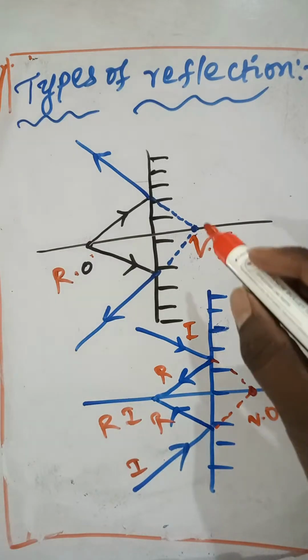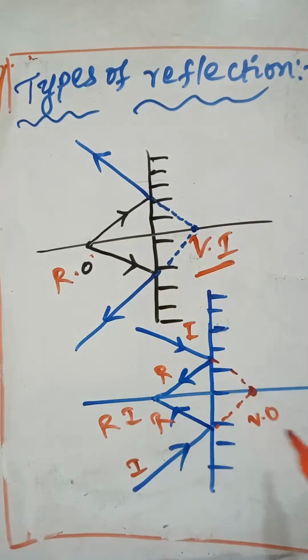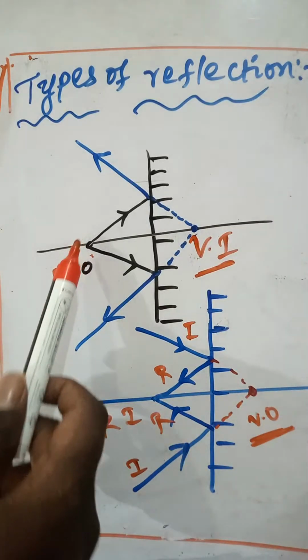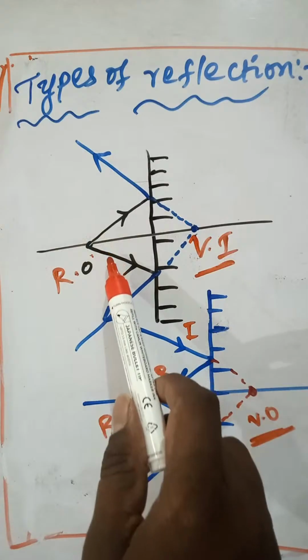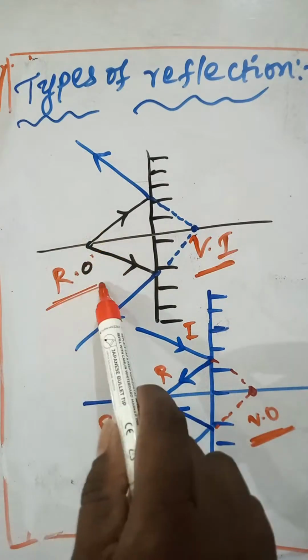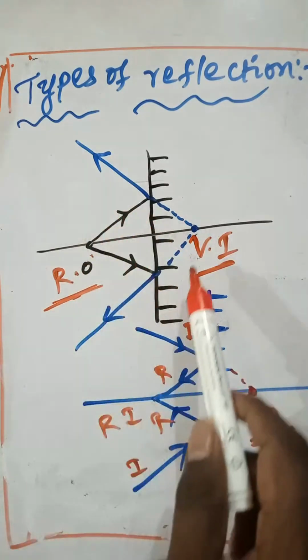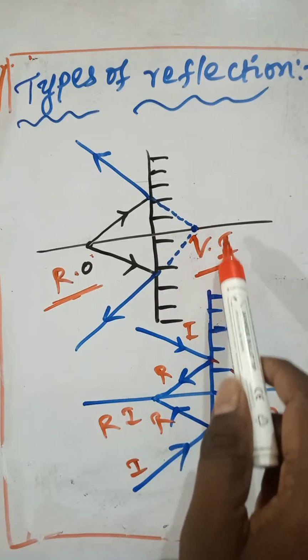Here is a virtual object, where we are extending these light rays. After reflection, those light rays will meet at one point here. This is a virtual image.